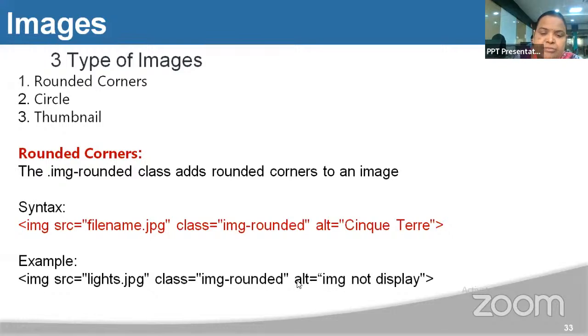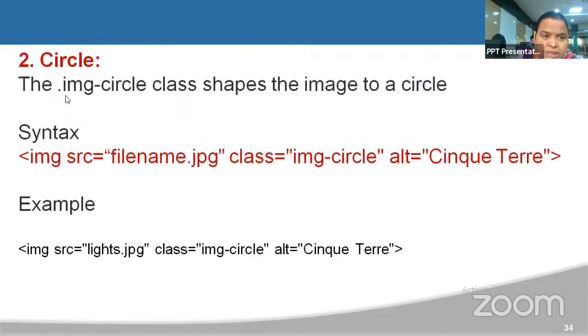That's the reason the alt attribute is used. In the image tag, these are all the different attributes. One of the attributes is called class. The class syntax is image rounded. Whenever this class is used, the corners are automatically rounded. So this is the first one in Bootstrap. Then go for the second one, circle, that is the image displayed in a circle.